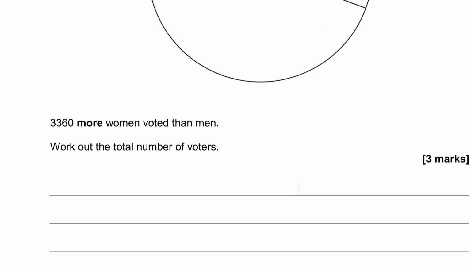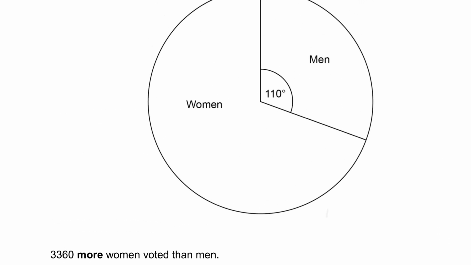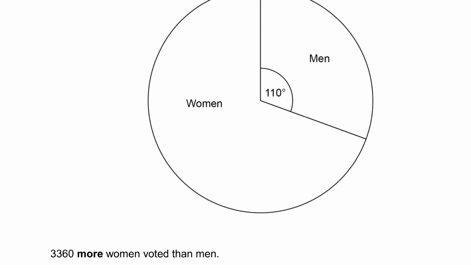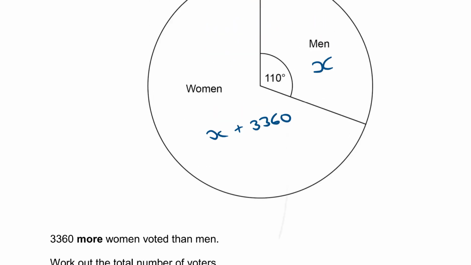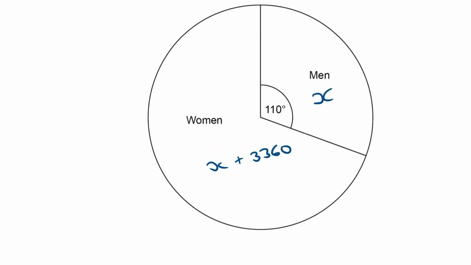Okay, so let's say that number of men voting was X. Then 3,360 more women voted than men, so women voting must be X plus 3360. Okay. How does that help us? Right, and then I suppose we can use the angle to work out the rest.